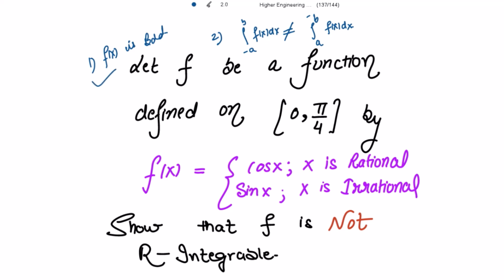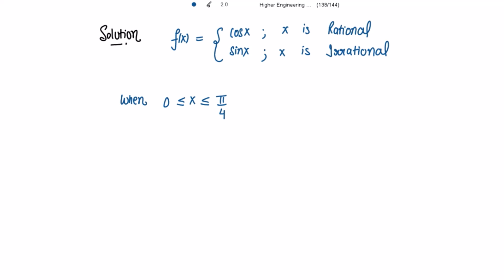Yes, it is bounded. So this is the function given when x is lying in the closed interval 0 to pi by 4. In f(x), two functions are given: sin x if x is irrational and cos x if x is rational. For this interval, if I take sine all over, I get sine 0, then sine of x, and sine of pi by 4 is 1 by root 2.